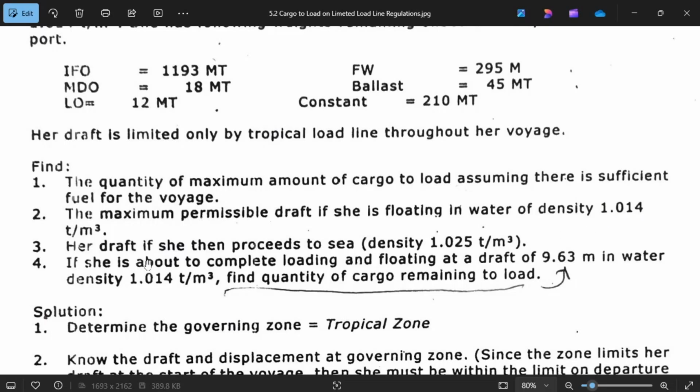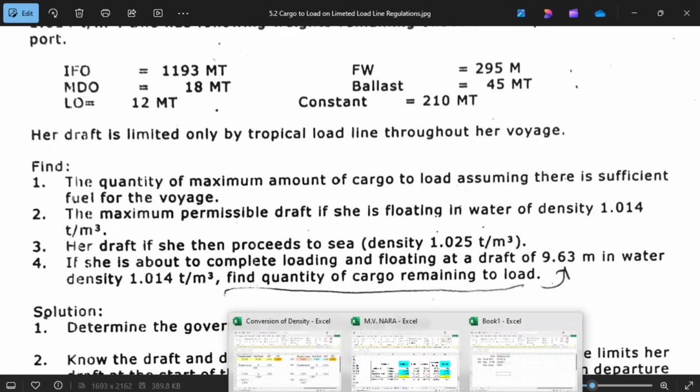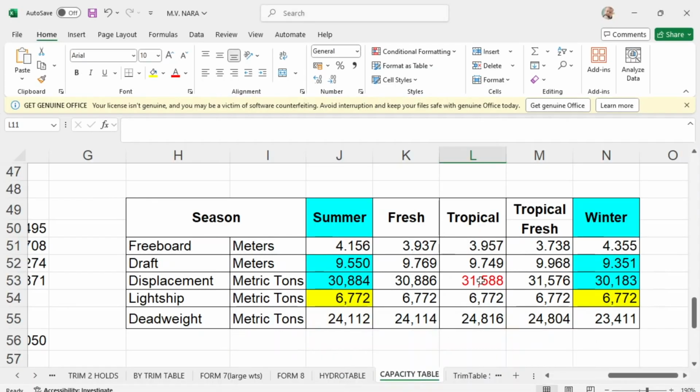Okay, number 3, what will be her salt water draft if she proceeds to sea? Well, actually, her draft when she proceeds to sea is this one, this tropical draft of 9.749 and her displacement is 31588.